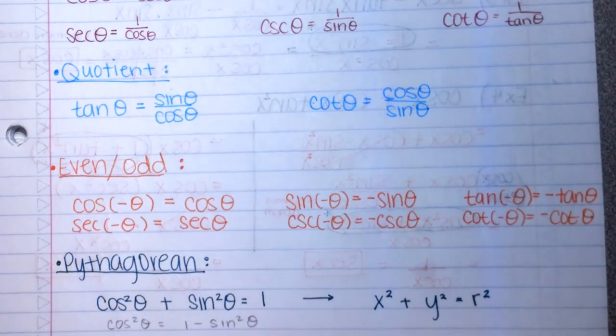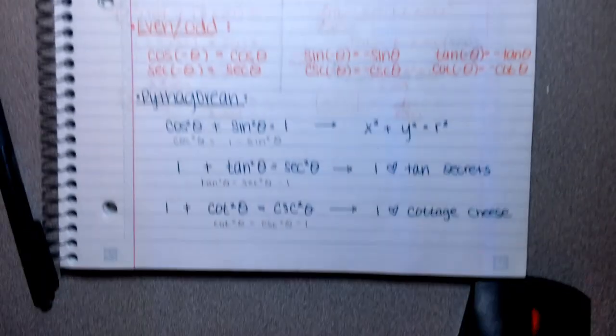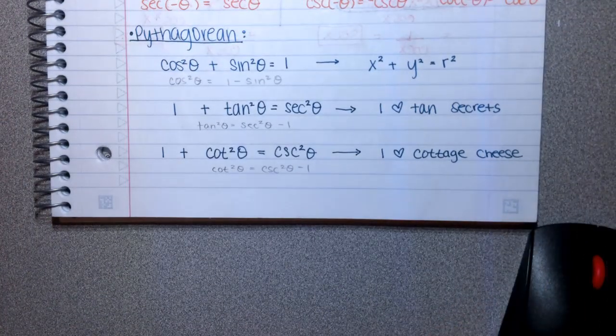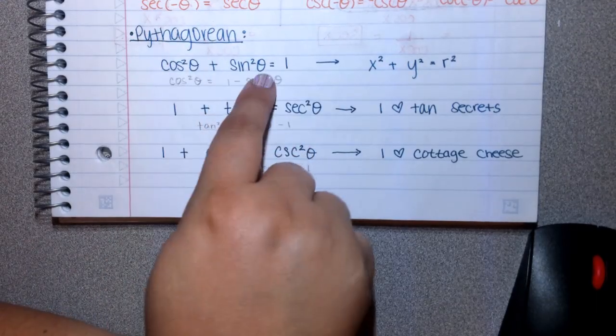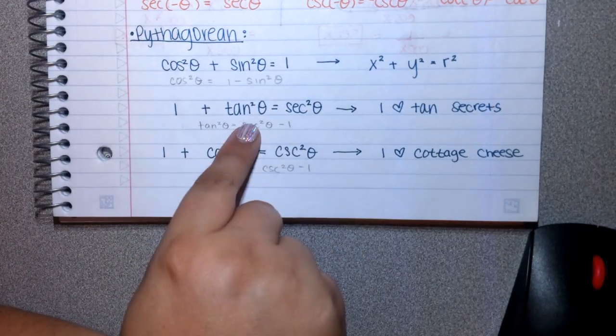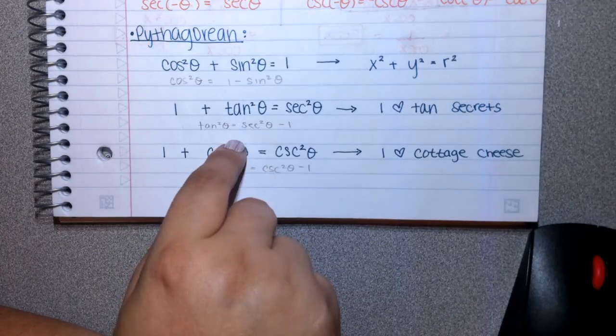And then your Pythagorean identities: 1 plus tangent squared equals secant squared, 1 plus cotangent squared equals cosecant squared, and cosine squared plus sine squared equals 1. I need you to note that all of these must be squared to use them. So if you have 1 plus tangent of theta, that is not secant. It only works if it's squared. Does that make sense?